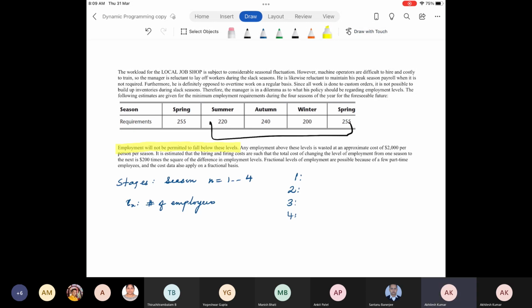So based on that, and further, any employment above these levels is wasted at an approximate cost of $2,000 per person per season. Now I'm asking, if I'm trying to understand employment level, assuming that we are looking at one cycle of 4 seasons. Last time we stopped at whether summer should be a start 1 or spring should be 1.